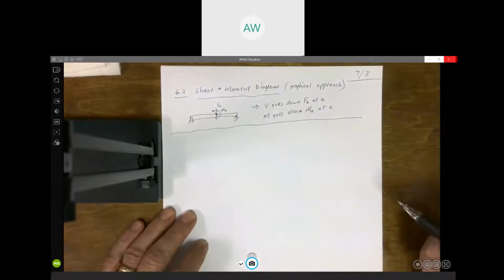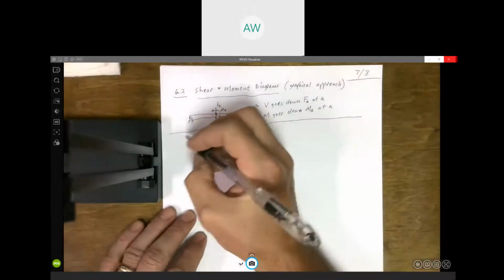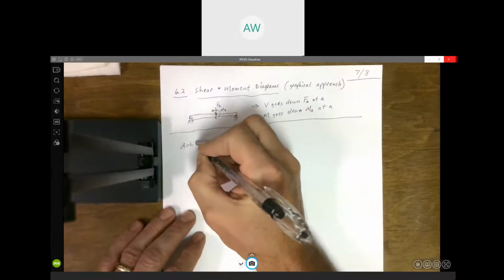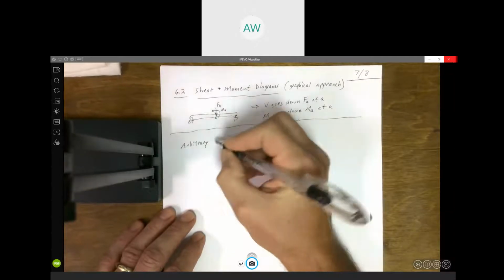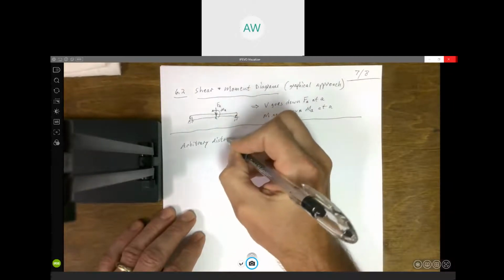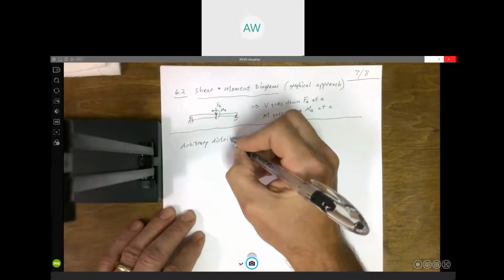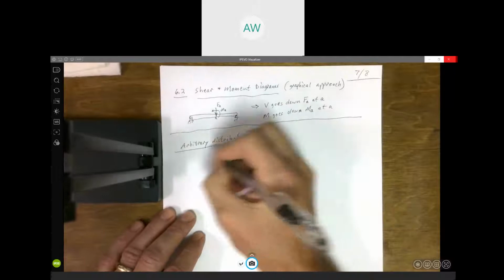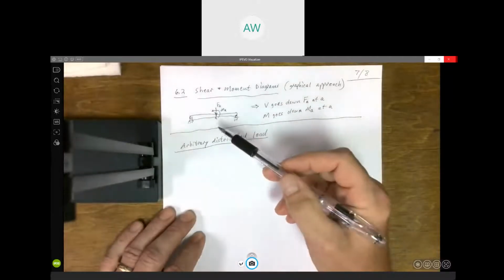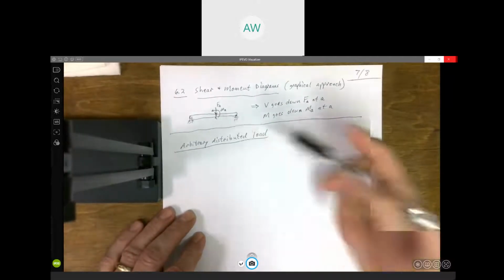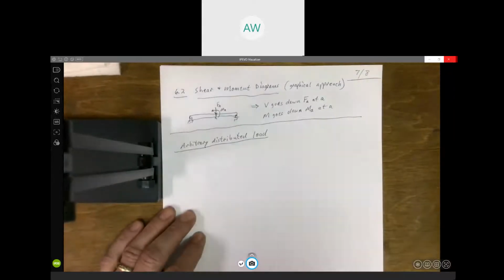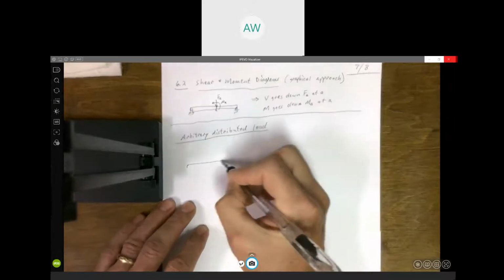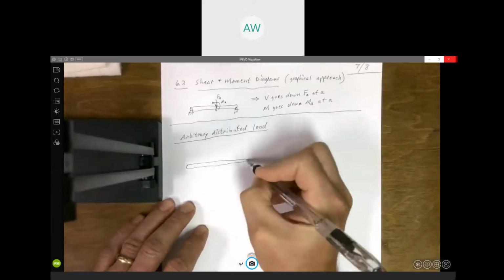All right. Well, so today what we're going to talk about is what if we have an arbitrary distributed load. If I can spell distributed. Instead of just a force concentrated at one point, what if we've got a force spread out over some length? So what we're looking at now is if we've got this beam.